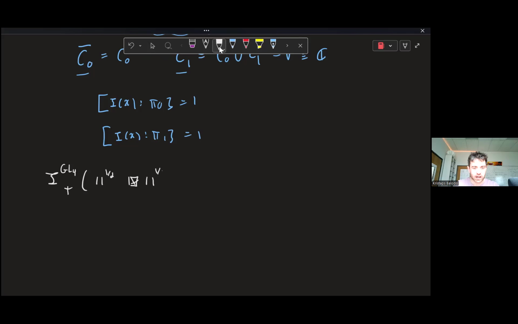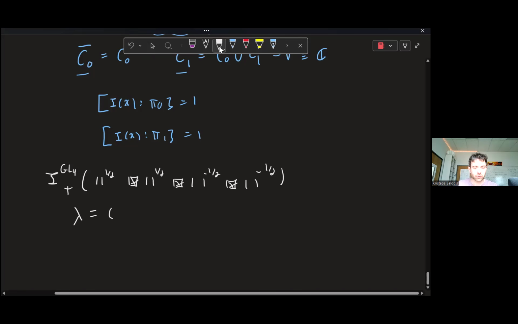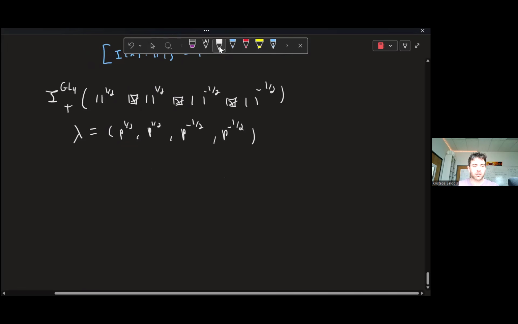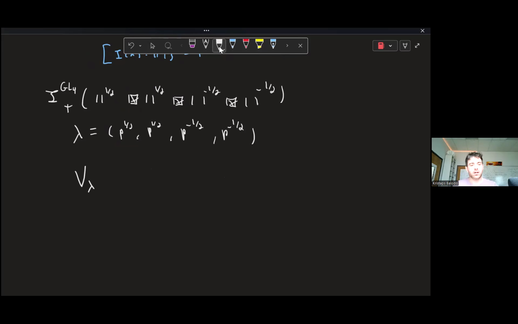And now I'm going to take 1/2, 1/2, minus 1/2, minus 1/2. And so my corresponding lambda is, of course, going to be the diagonal matrix p^(1/2), p^(1/2), p^(-1/2), p^(-1/2). And in this case, my V lambda, if we go through and do the same calculations, now becomes the collection of all, these are block diagonal matrices. So this is all upper block diagonal.